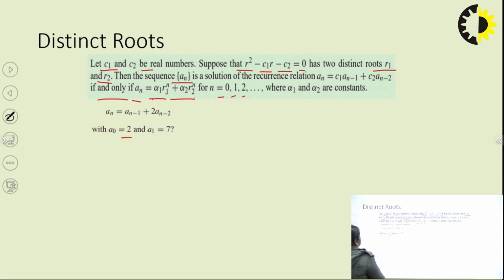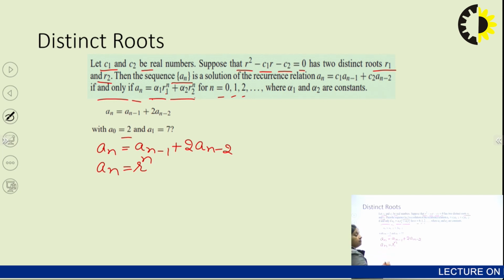My recurrence relation is given as an is equal to an minus 1 plus 2 an minus 2. We said we will have this type of solution, so we assumed an is equal to r to the power n.